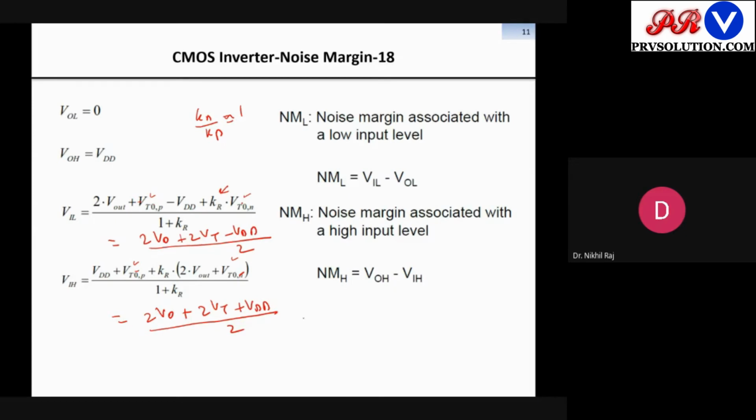If you see the VIL and VIH expressions, we have got the same type of behavior with the VDD sign change. So if I add VIL and VIH, what will be the value?